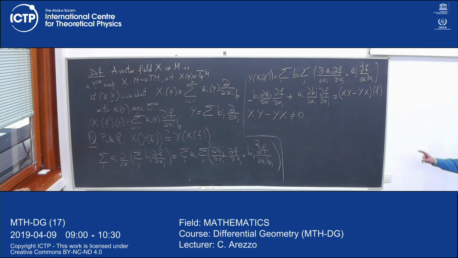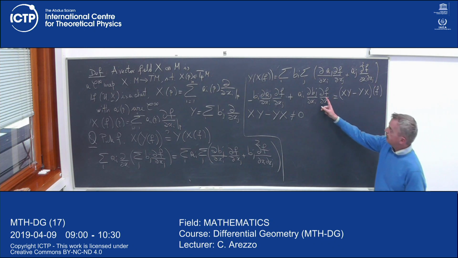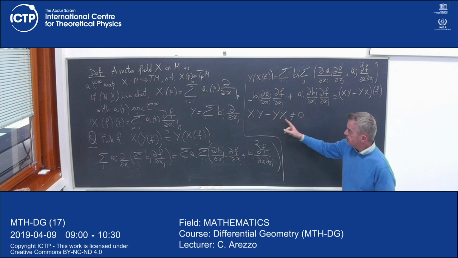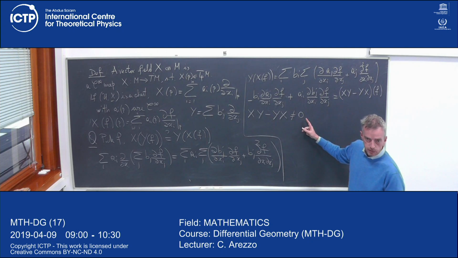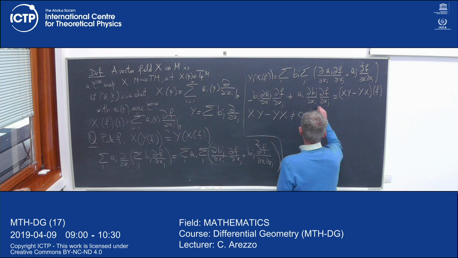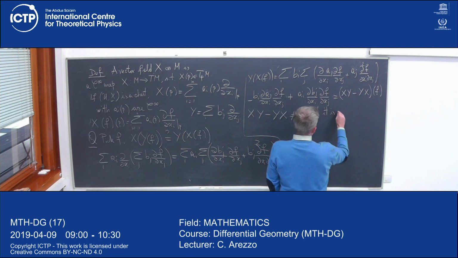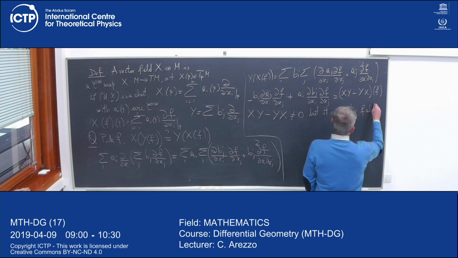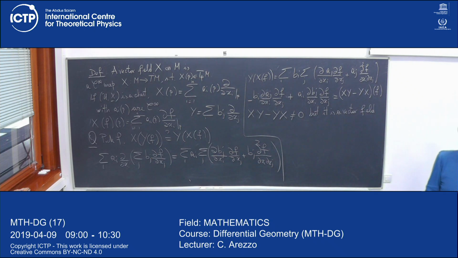But what kind of object is it? The point is, this is again acting on a function like a strange derivative. I mean, the action over the function here is just d dx with coefficients. So that actually means that this is non-zero, but it's still a vector field. You see what I mean?